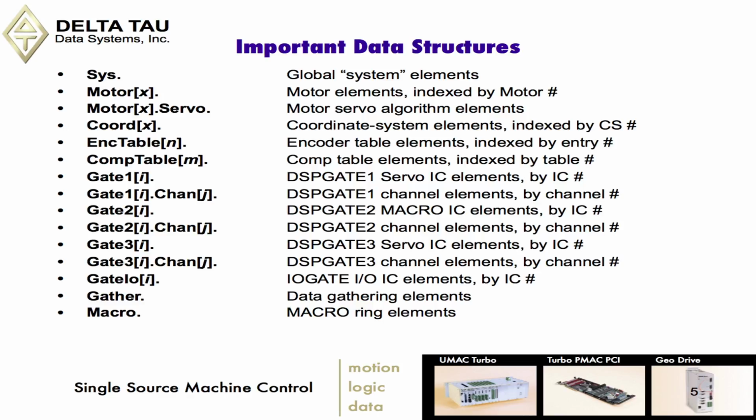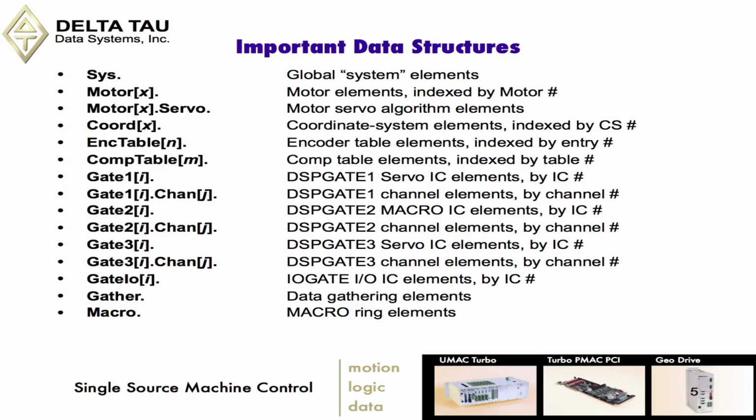This is the DSP Gate1. And then there's Gate1[i].Chan[j]. These are the per-channel elements, for example an encoder decode for a particular channel on the gate array, or the PFM output for a particular channel on the gate array.